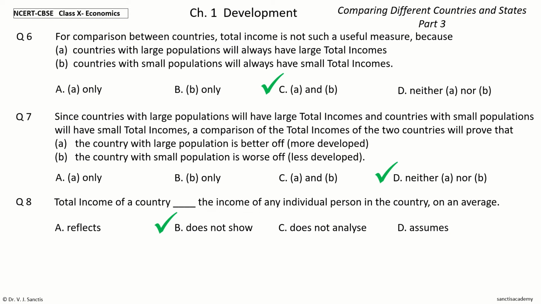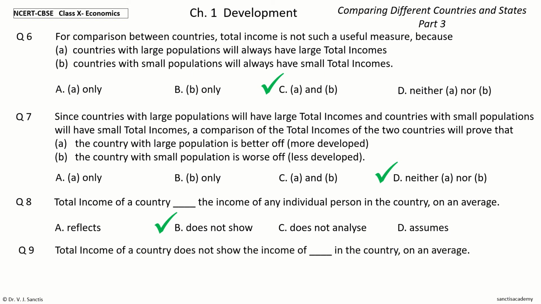Question 9. Total income of a country does not show the income of dash in the country on an average. The options are many people, all citizens, any individual person, the very poor.